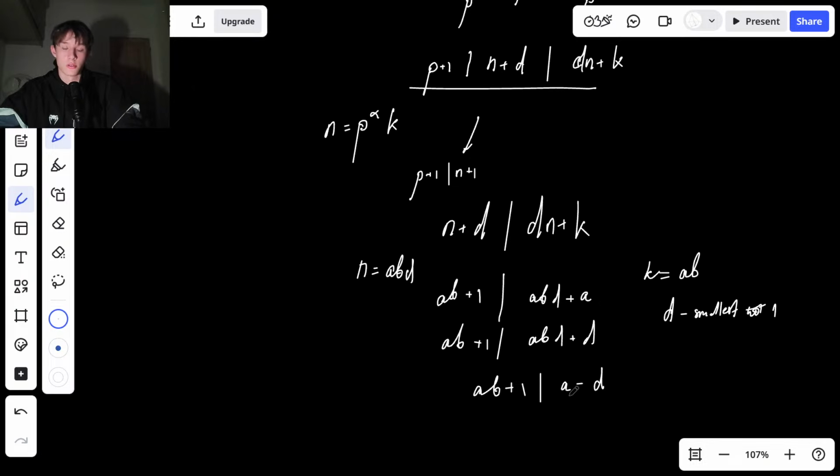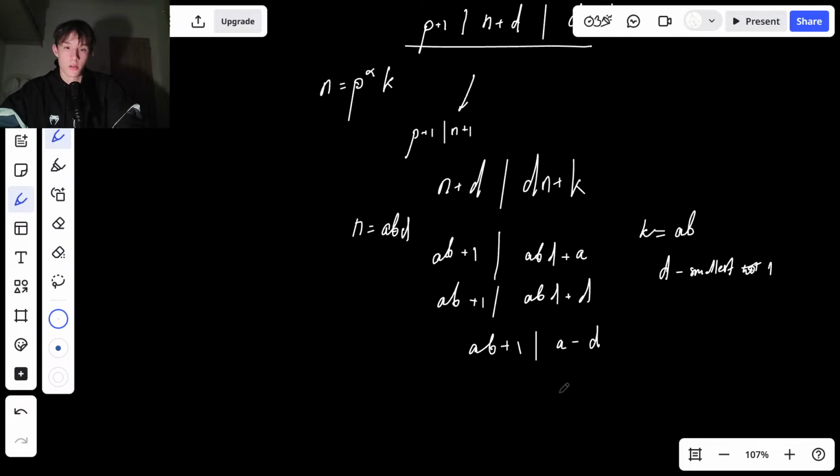Like a is equal to d, I assume. That's what I got. Or a is equal to 1. And a equal to 1 would give us b plus 1 divides d. So when I chose d equal to p, I got d equals p.